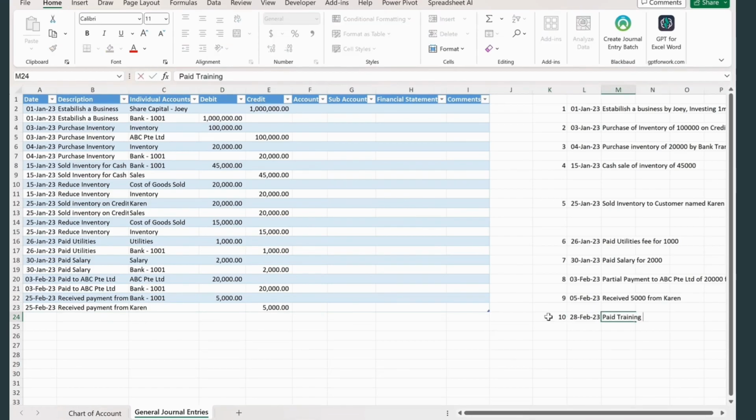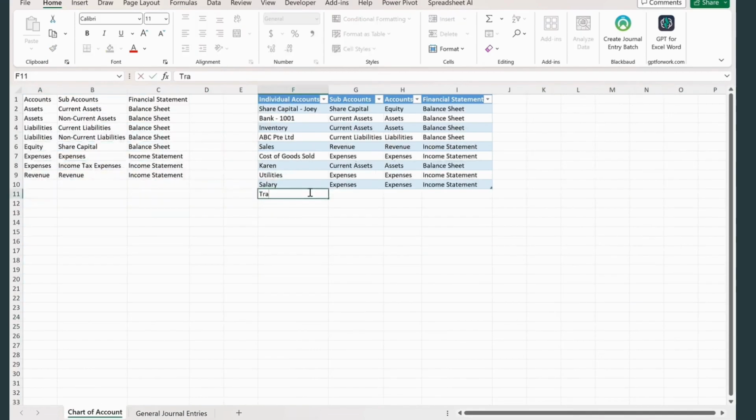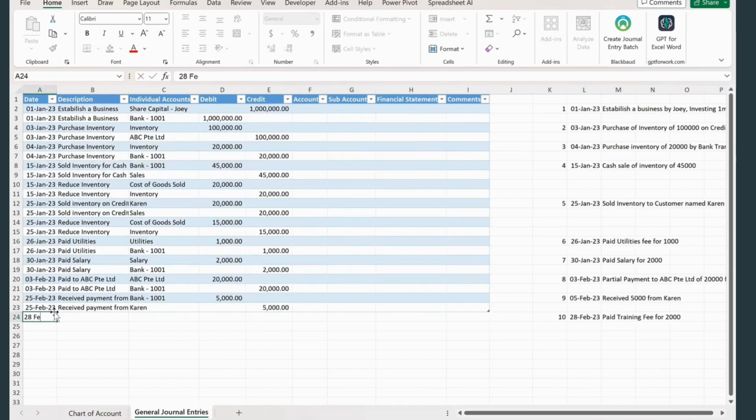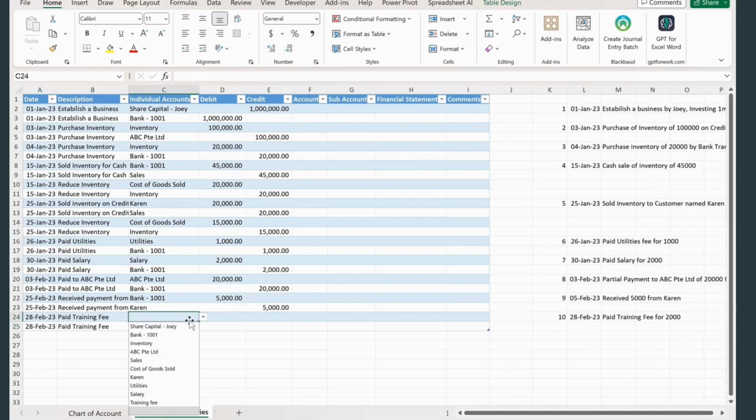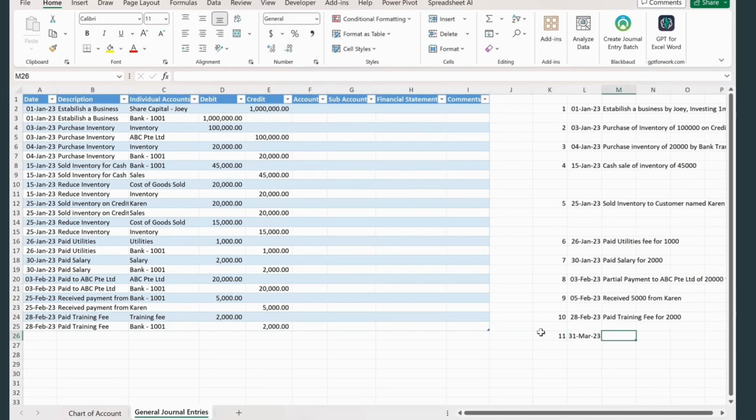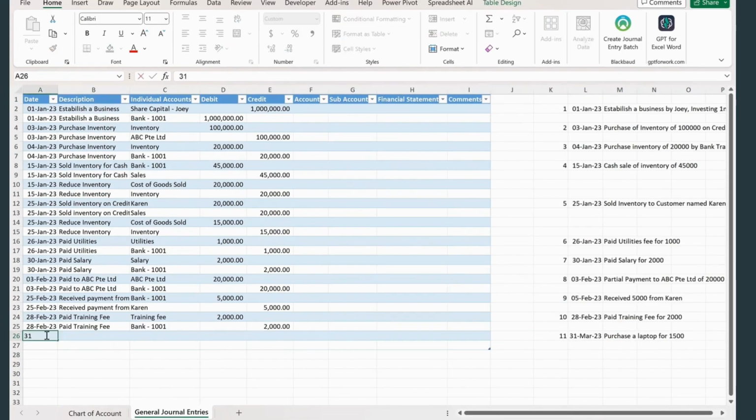20th Feb, we paid training fee for 2,000. We create our training fee account. So we debit our training fee, credit our bank by 2,000. On 31st of March, we buy a laptop for 1,500.